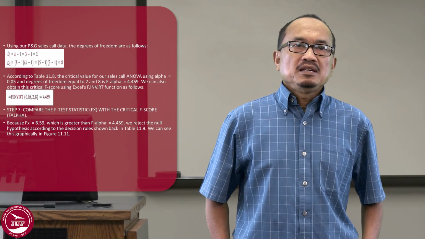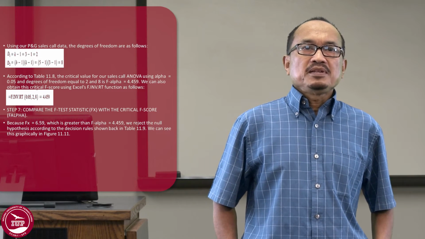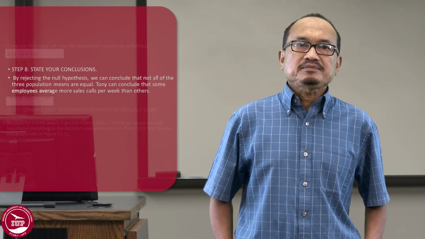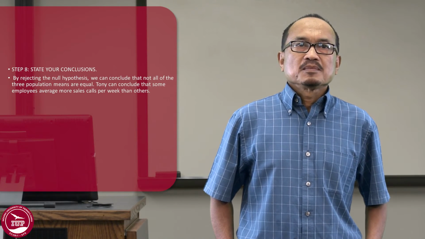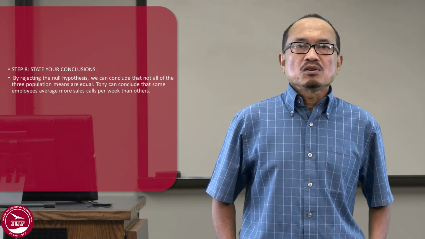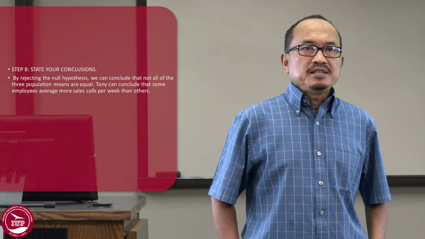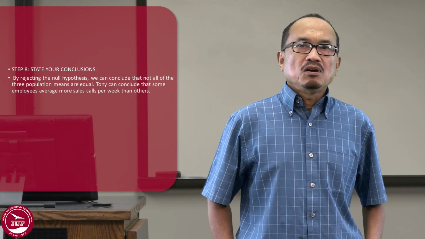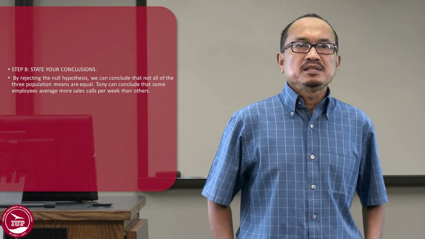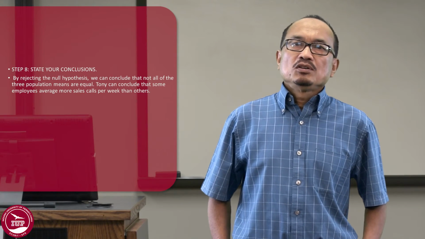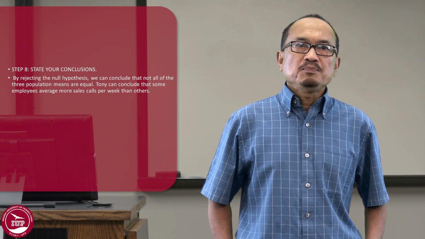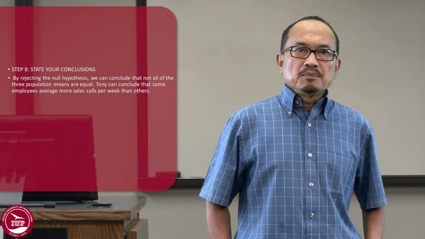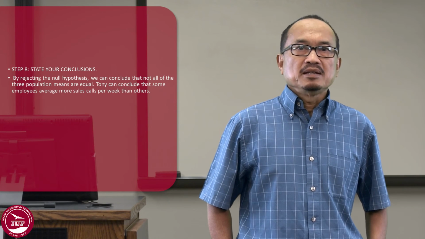We can see this graphically in figure 11.11. Step 8. State your conclusion. By rejecting the null hypothesis, we can conclude that not all of the three population means are equal. Tony can conclude that some employees average more sales calls per day, more sales calls per week than others.